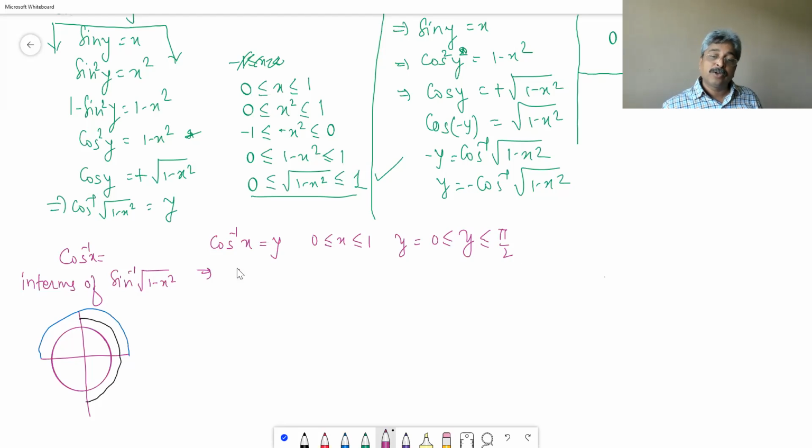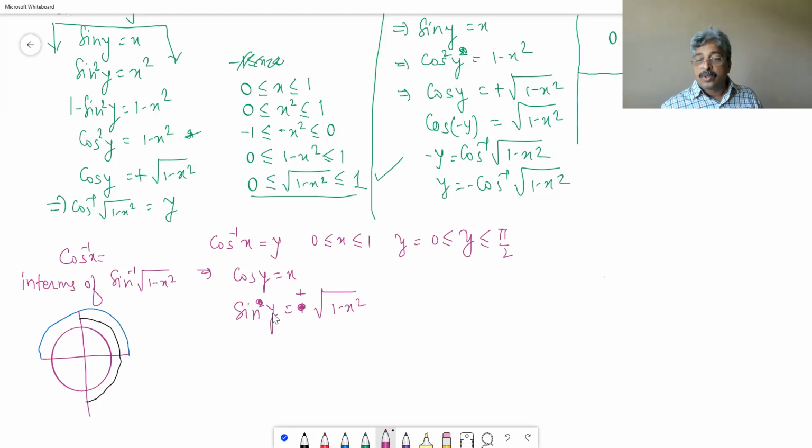This is straightforward. Cos y is equal to x. So sine square y is 1 minus x square, so sin y is equal to radical 1 minus x square. Again y is in the first quadrant, therefore this has a positive sign.